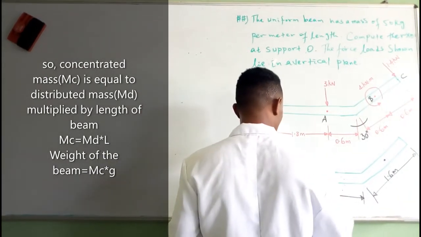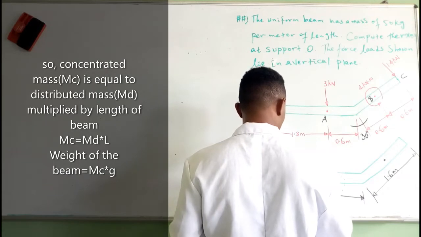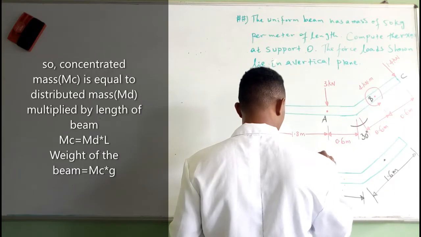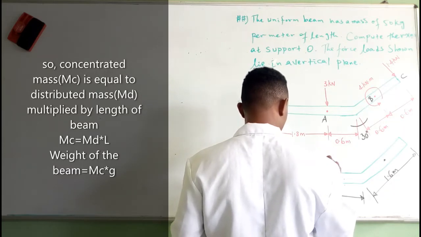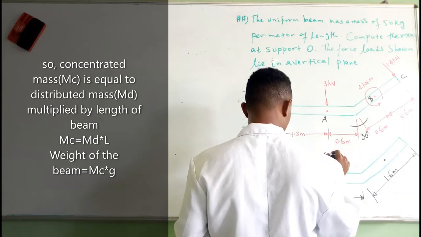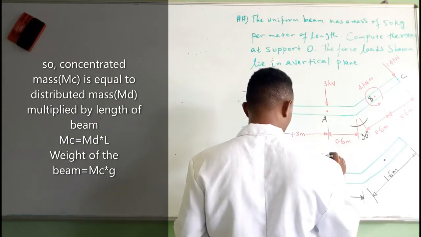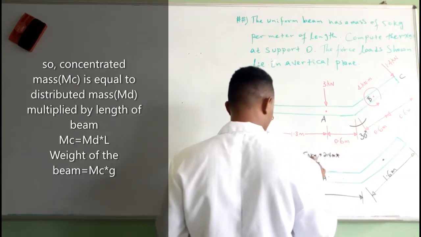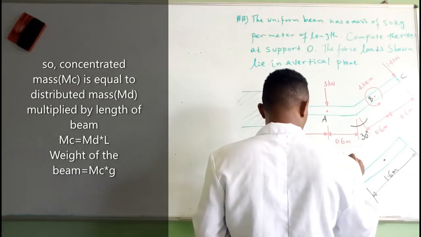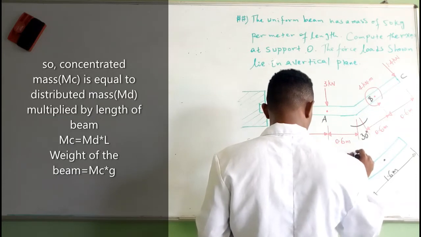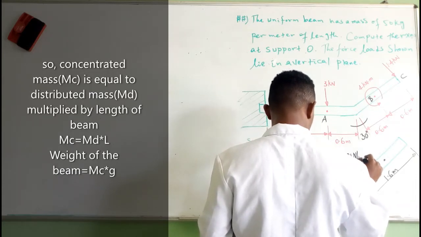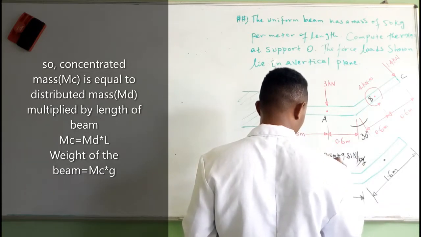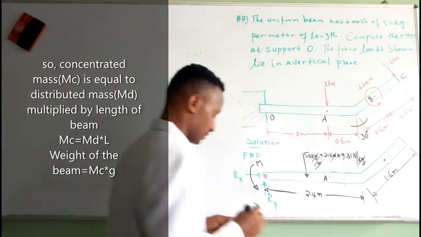At 1.2 distance we have concentrated load 50 kilogram per meter times 2.4 meter times 9.81 Newton per kilogram. So kilogram per kilogram cancels, meter per meter cancels, we have Newton.